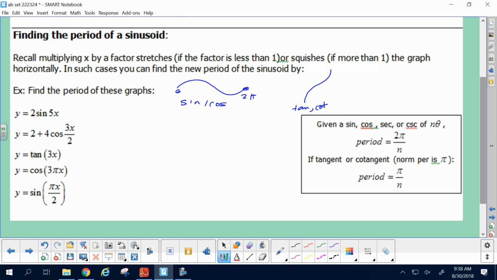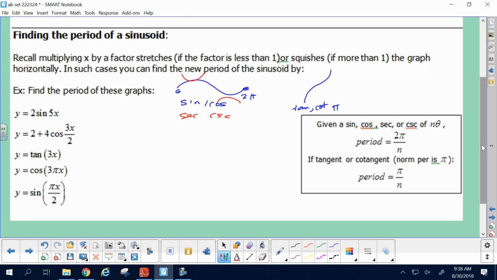It only takes pi. It only goes from negative pi over 2 to pi over 2, for example, and then it starts to repeat. The same goes for secant and cosecant, which have a normal period of 2 pi.